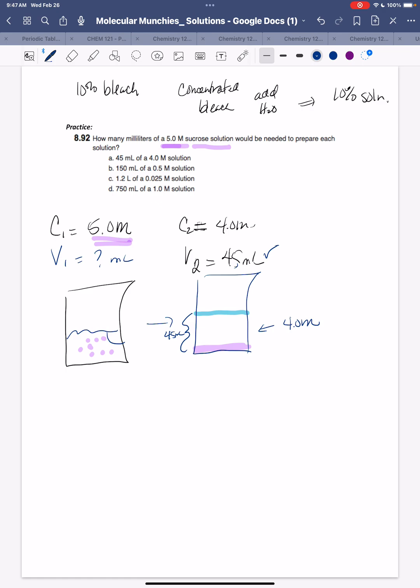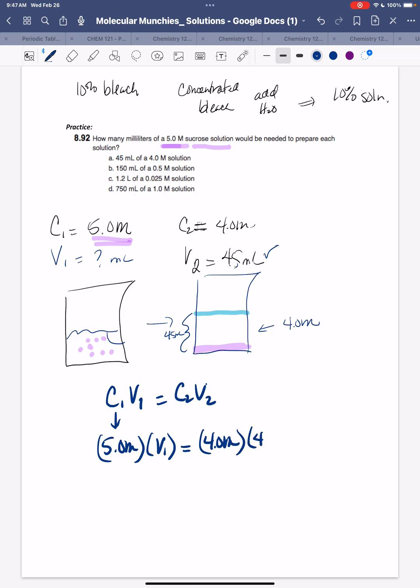So if we just take our formula, C1V1 is equal to C2V2, we're just plugging and chugging here. We know the concentration C1 is 5 molar. We don't know V1. We know the concentration we're trying to achieve is 4 molar, and we know we want 45 milliliters of it.